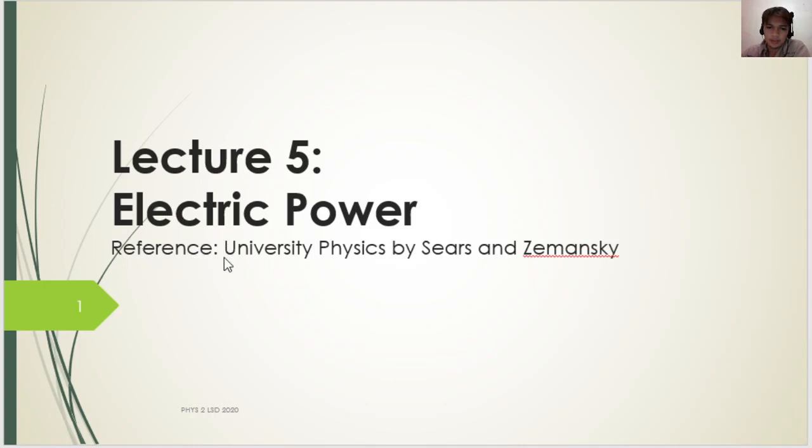This is equal to I squared R. Or we can say that power is equal to V over R multiplied by V, or power is also the same as V squared over R.